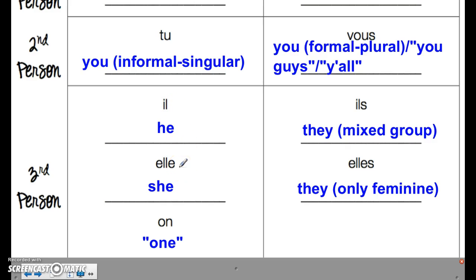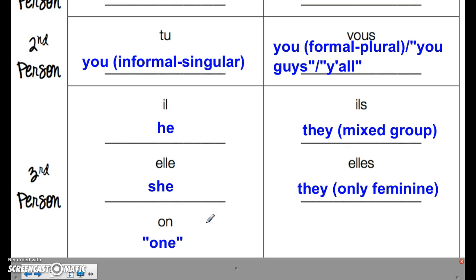Now, on is a word that does not have a direct translation, so it's a little different. The best translation that I've seen is the idea of it meaning one. If you think about someone talking, it's kind of like a general population term. So if I want to talk about people in general, not people you know, not people who live in Ohio, but just in general, people like chocolate, I would use the word on to describe those people.